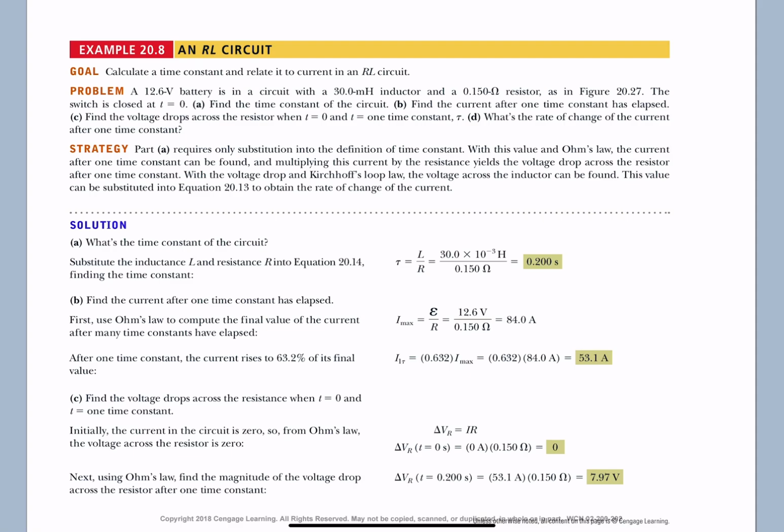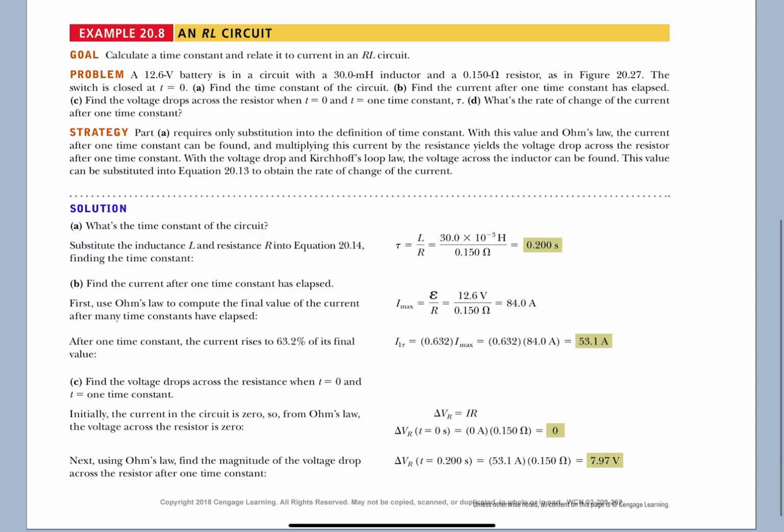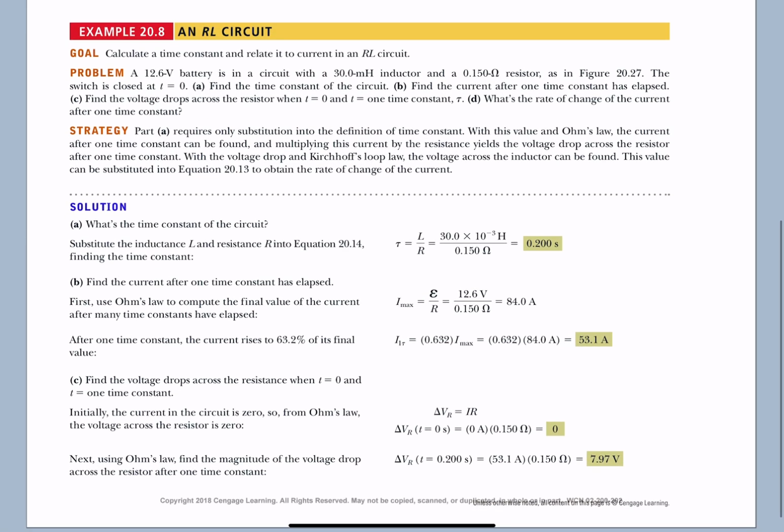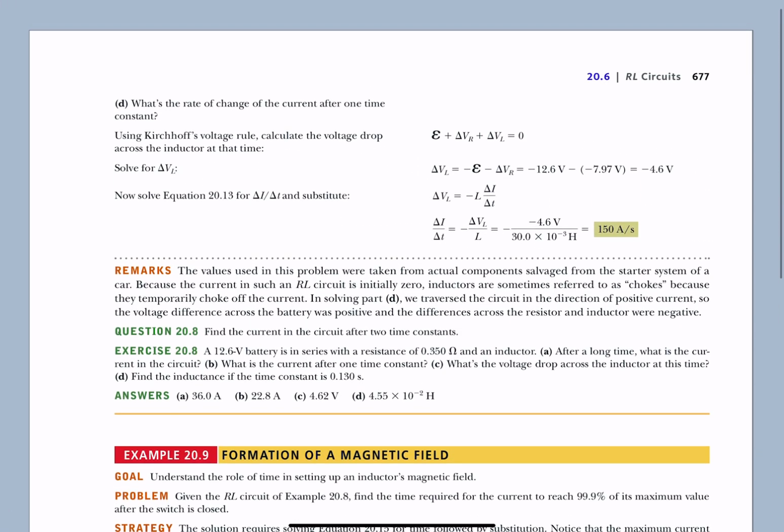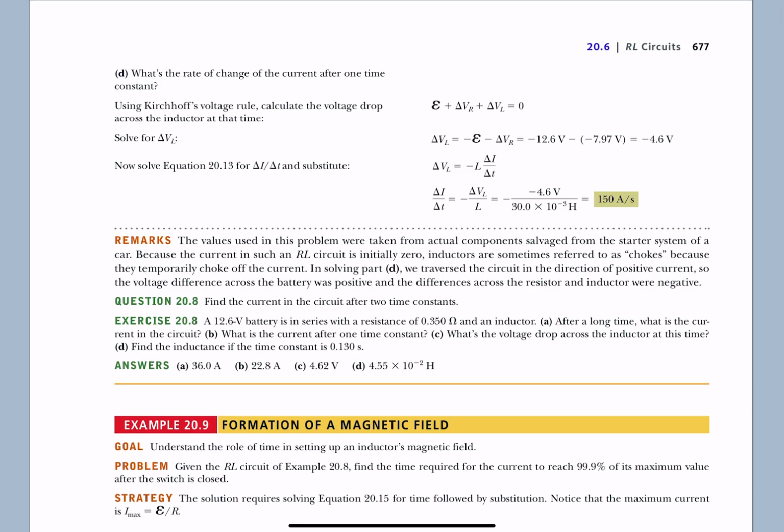And we're going to get 7.97 volts here. You can see there's quite a rapid rate of change in current, 150 amps per second. And remember that the current in a typical wall outlet is 15 amps. Of course, that's alternating current.